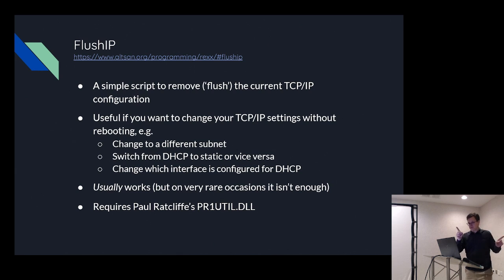I'll stick a pin in that, come back to that idea of a profile later. But the first thing you have to do is just get rid of the old configuration. So that's what FlushIP does.